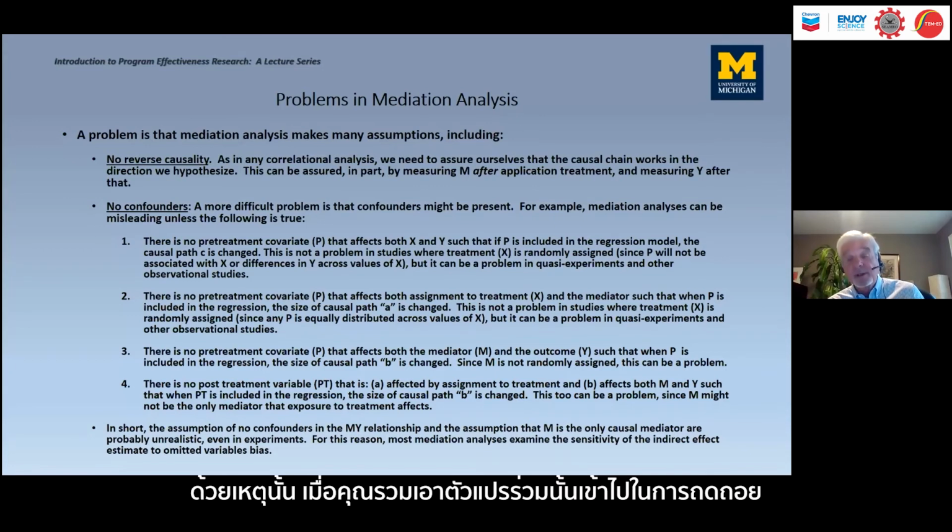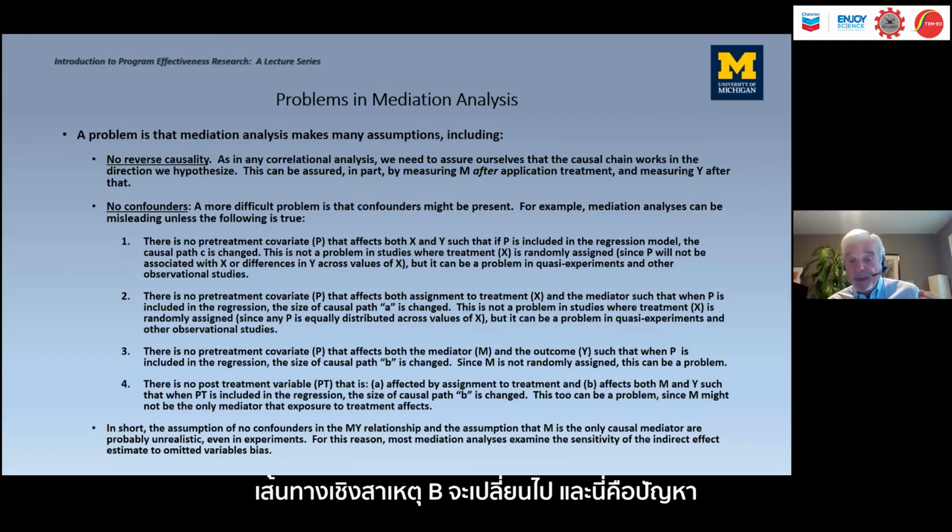Third assumption is there's no pretreatment covariate P that affects both the mediator and the outcome, such that when we include that covariate in the regression, the causal path B gets changed. And this is a problem in random assignment studies and non-random assignment studies, because the implementation is not randomly assigned.